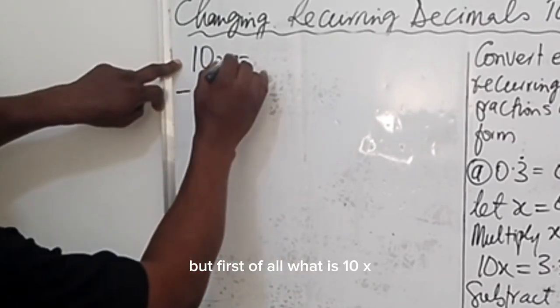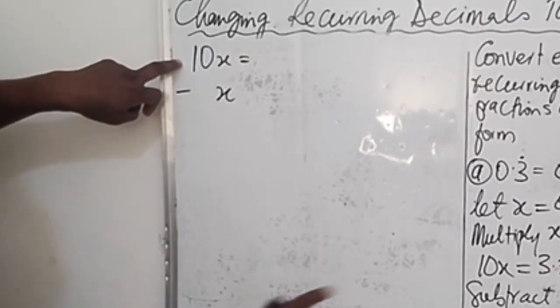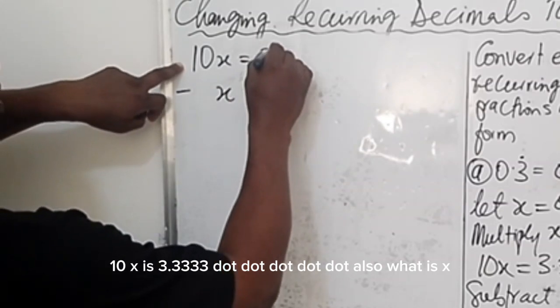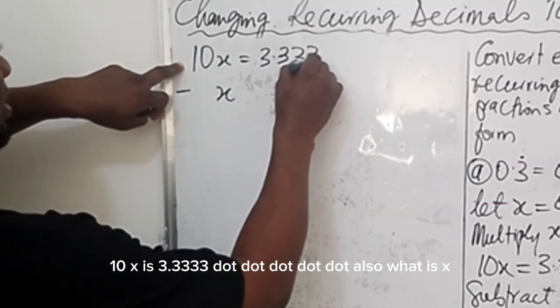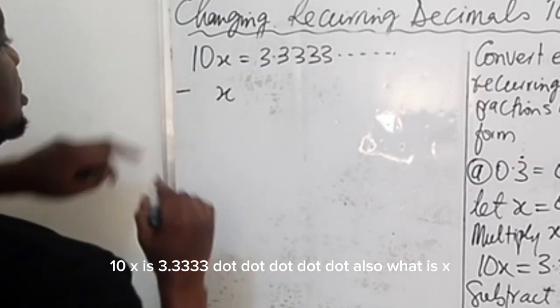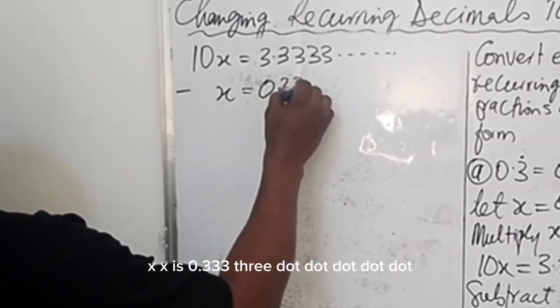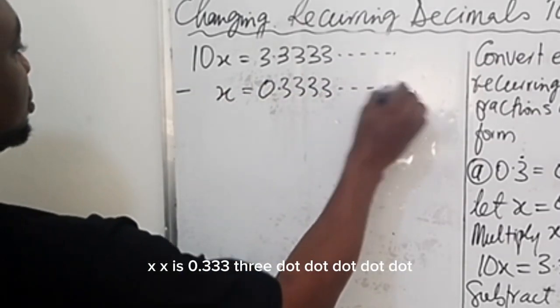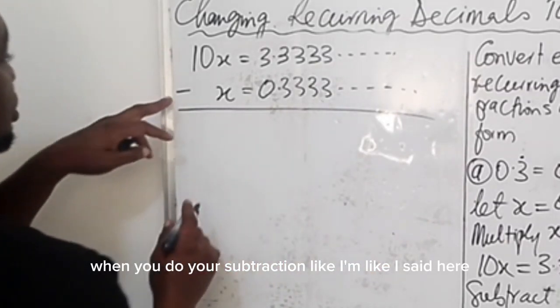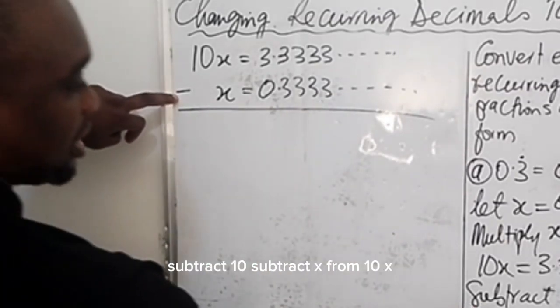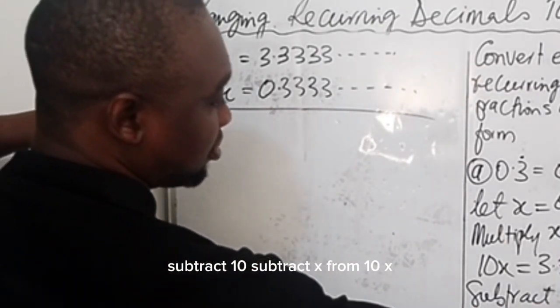But first of all, what is 10x? 10x is 3.3333 dot. Also, what is x? x is 0.3333 dot. When you do your subtraction, subtract x from 10x.